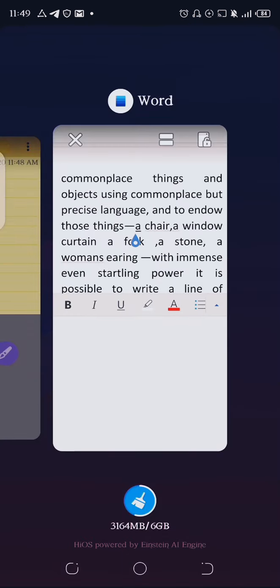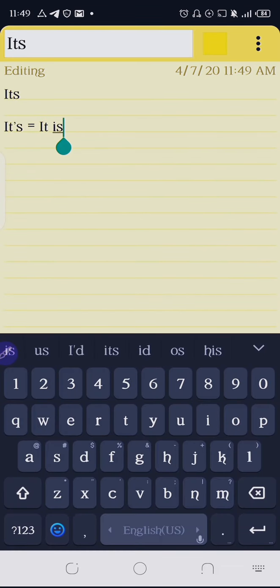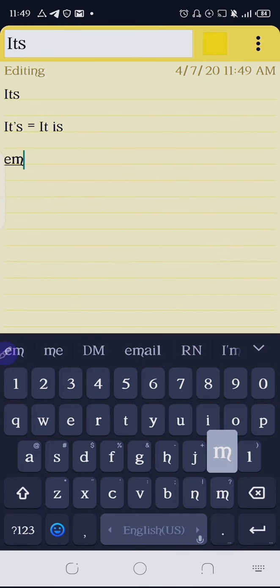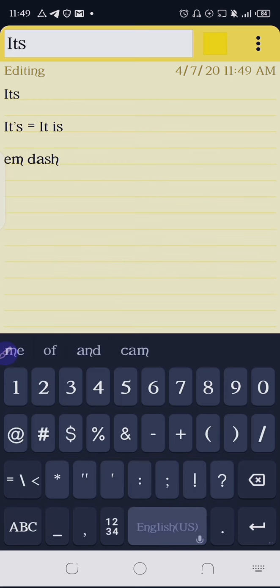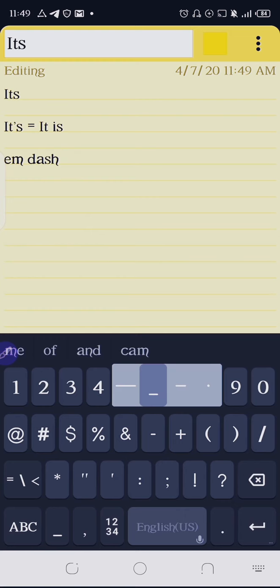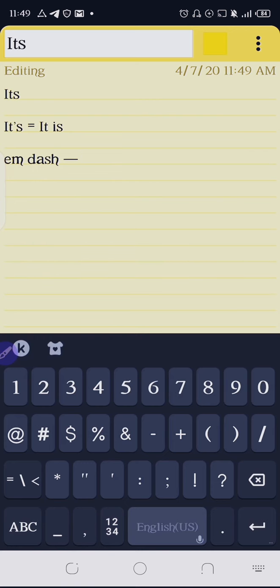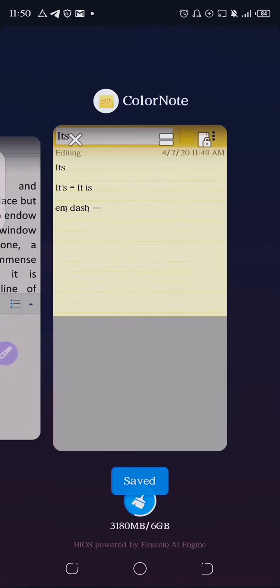Let me show you the spelling: em dash. So how do you create an em dash? If you're using a mobile phone like I'm using, check if you have this function. Hold down the hyphen and then drag, and then you have your em dash. Okay, so let's get back to our editor.